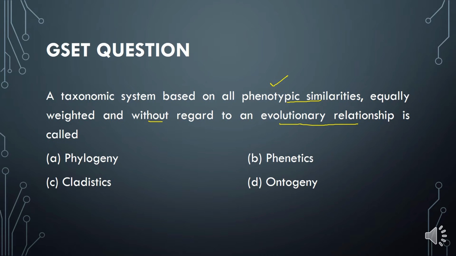If you consider only the phenotypic similarity, what type of classification system do we use? The options are phylogeny, phenetics, cladistics and ontogeny. I am going to discuss a brief about all these four, and at the end of the video I will be answering this question.